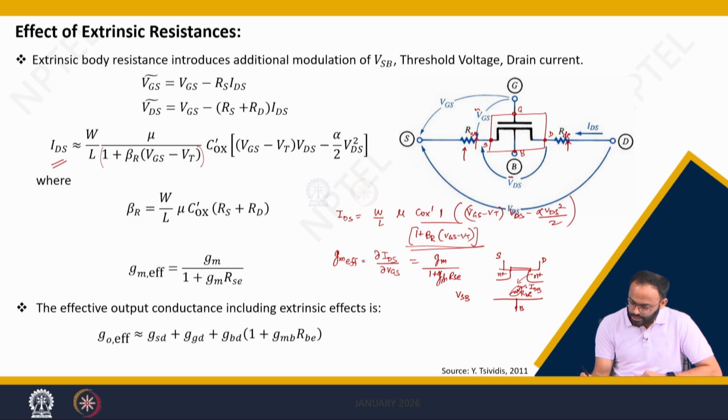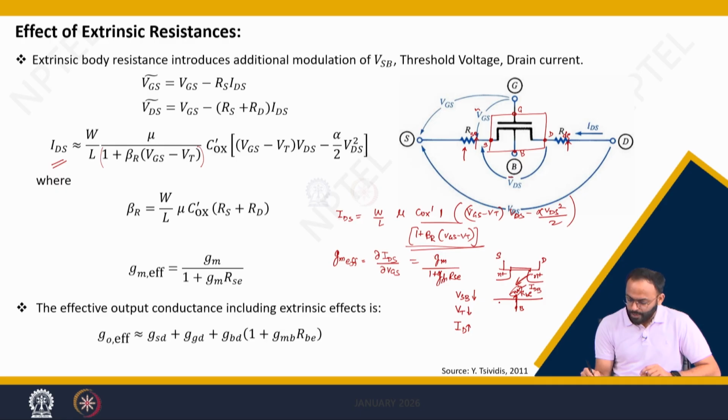So, let us consider that the current flows in this direction, which causes a voltage drop in the external body resistance. Then VSB decreases. If VSB decreases, the threshold voltage decreases and the current increases. So, there will be a positive feedback loop.